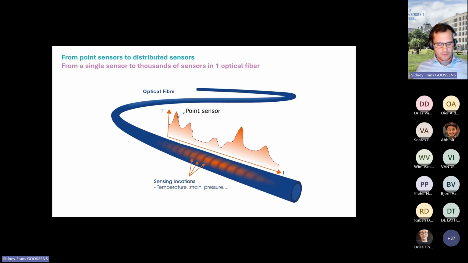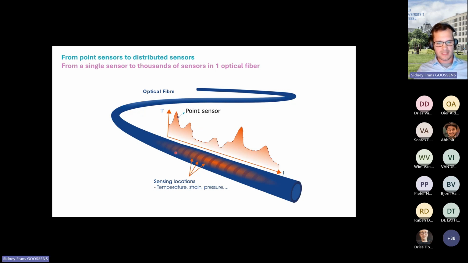Now, there are two types of optical fiber sensors that I want to discuss with you today. If we have our optical fiber, as depicted here in blue, we're going to use that to measure the temperature profile, for example, along the length of the optical fiber. We can first of all do that with what we call a point sensor.